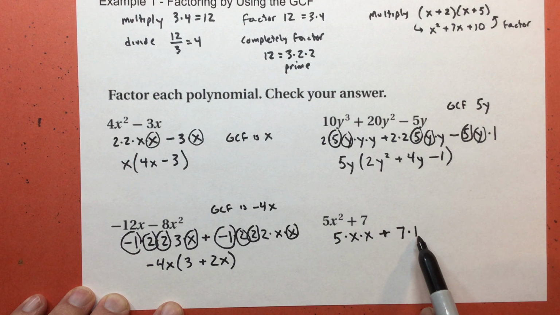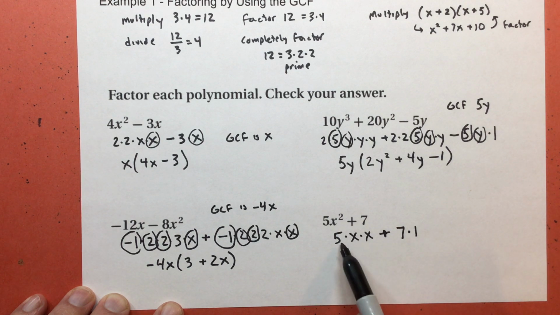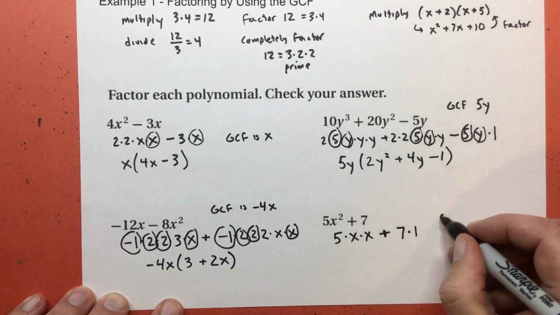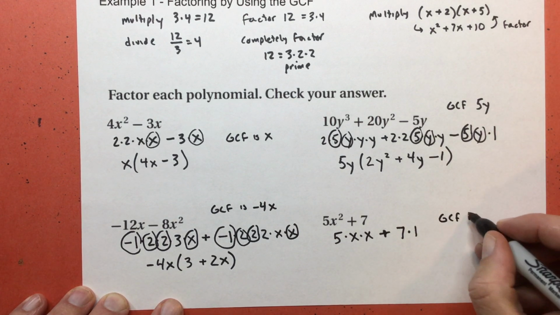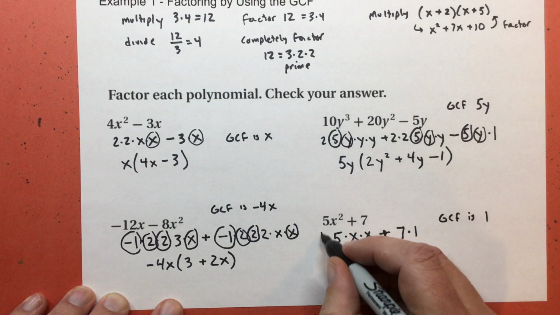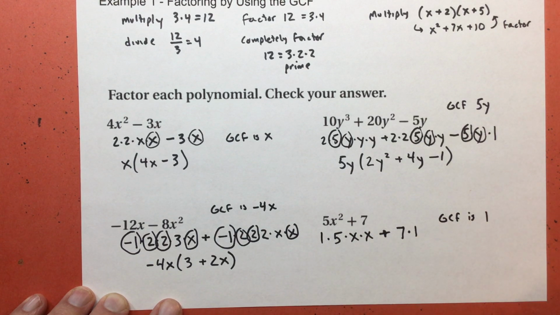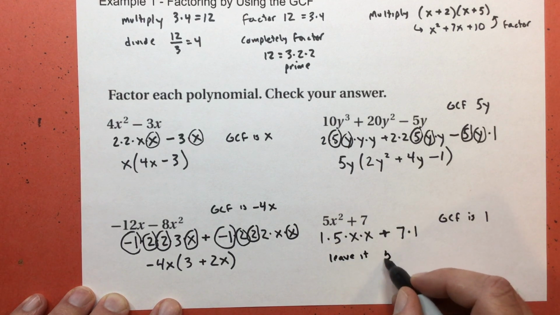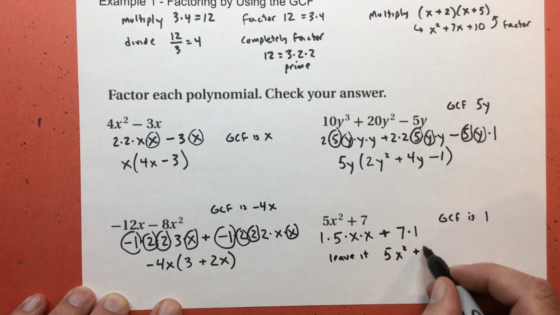There's no x's over here. Here's a 7. There's no 7's over here. Aha! The greatest common factor is 1, because I could also put a 1 over here. If the greatest common factor is 1, multiplying by 1 doesn't change anything. So you just leave it. Just write 5x squared plus 7.